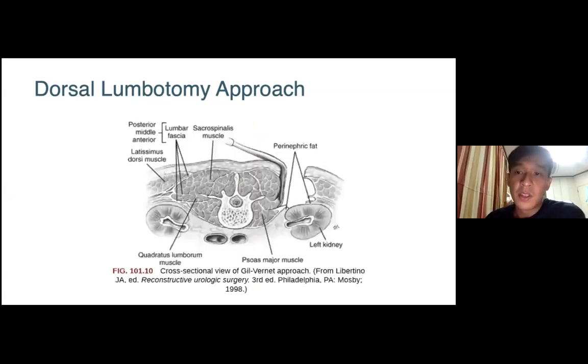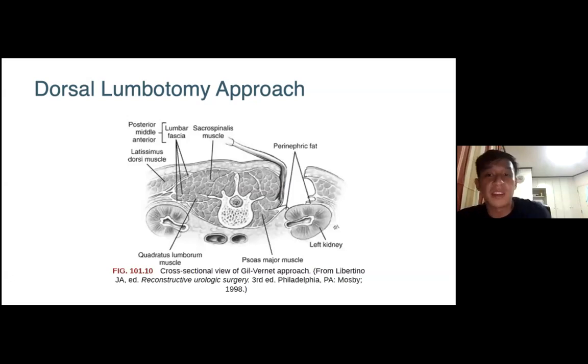The dorsal approach is an anatomical approach to the kidney with incision of the fascial planes rather than the muscle. A vertical incision is made from the inferior border of the 12th rib down to the iliac crest along the lateral border of the sacrospinalis muscle.